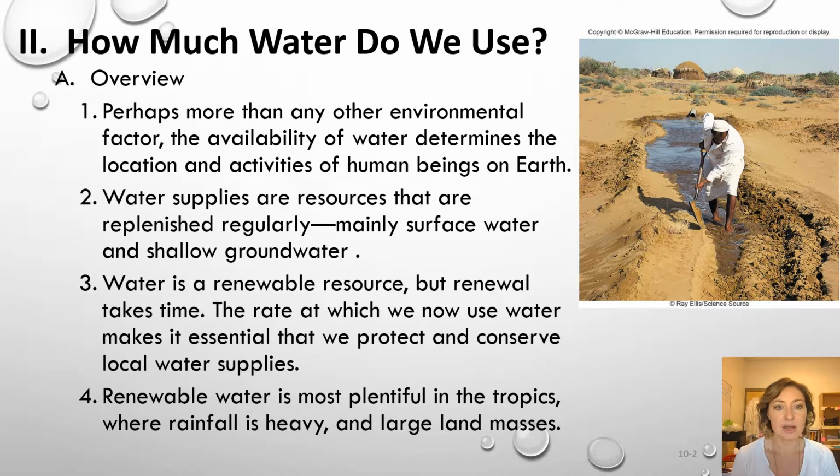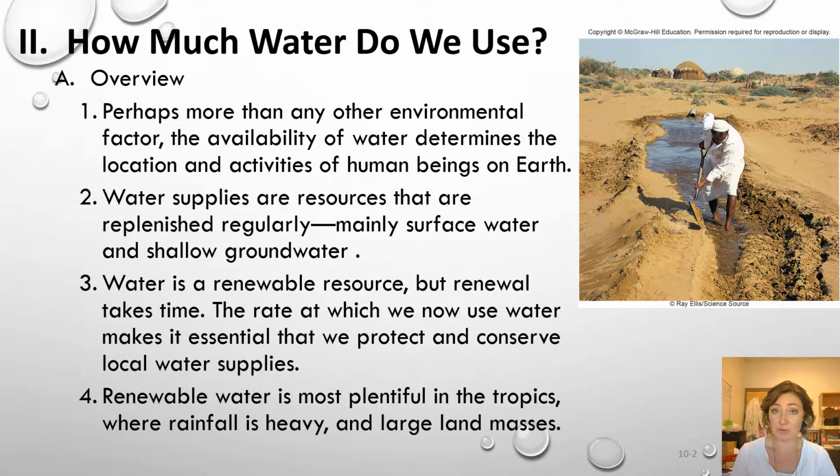Water supplies are resources that are replenished regularly. We talked a lot in the last section about the difference between groundwater supplies and aquifers, which recharge very slowly, versus surface water and shallow groundwater that can replenish or recharge quickly. So depending on where you're getting your water resources from, that can dictate whether those are replenished regularly or not.